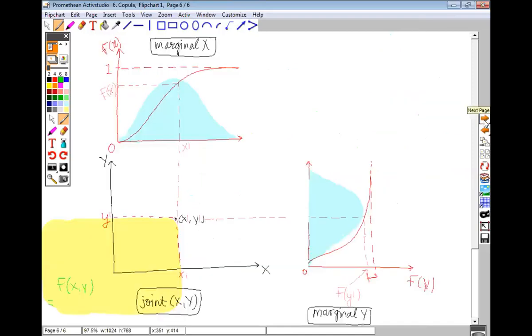So what I'm going to do now is plot that particular random variable here. Again, this is my F of x, remember. In the same way I did it for y, I had a y-axis here and I drew its CDF over here, like this. I had the x-axis here and I drew its CDF like that.